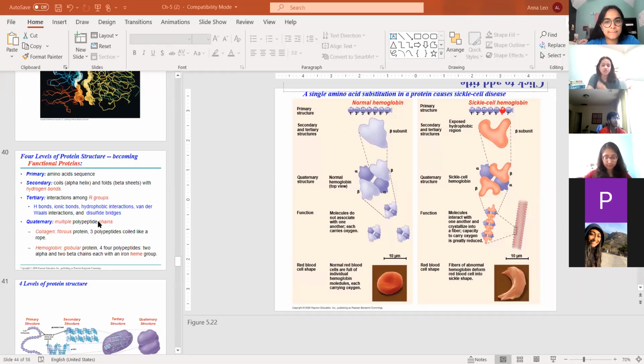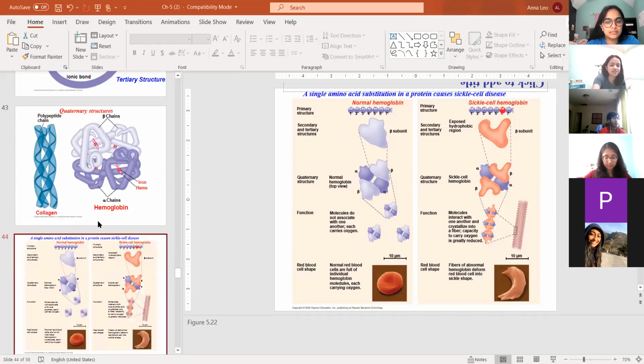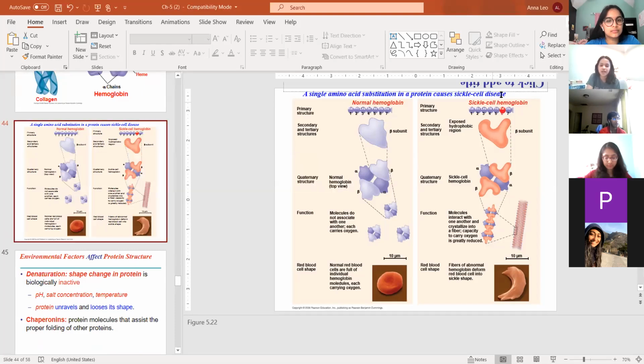So if you look at the normal cell and the sickle cell here, in the primary structure, you don't need to know this specifically, but we have a GLU that is being exchanged with a VAL, and that's going to create a really big change and cause sickle cell disease. You can see how the shape is going to change.